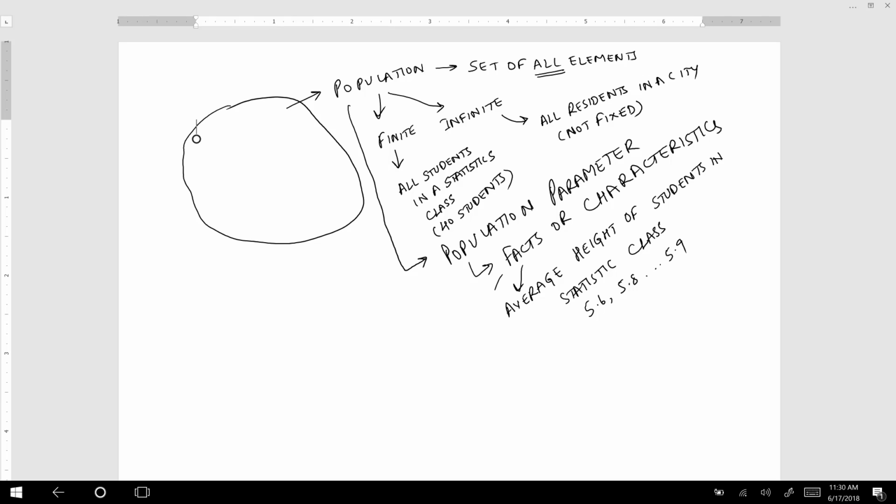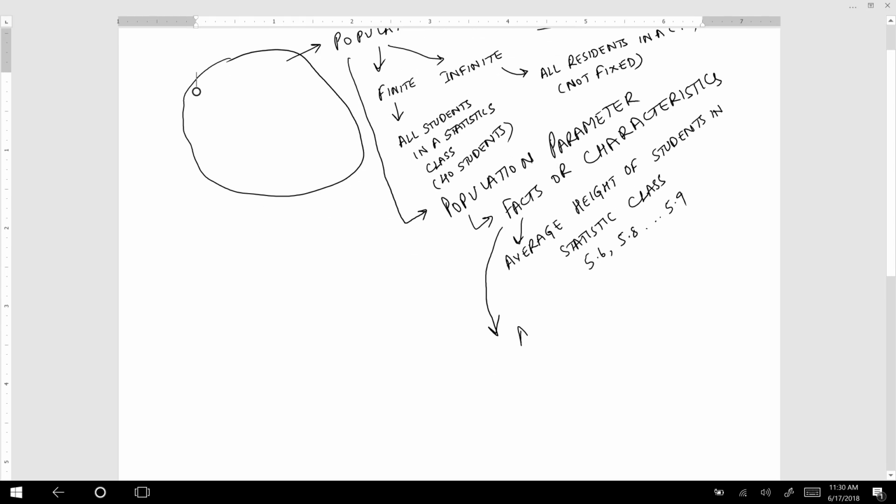And another example would be the average weight of residents in a city. It would be difficult to capture because a city might have a lot of population.